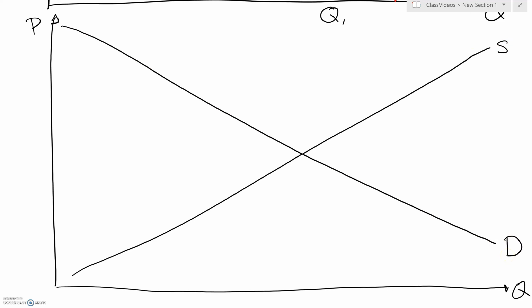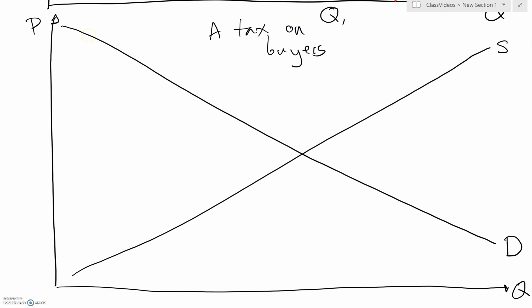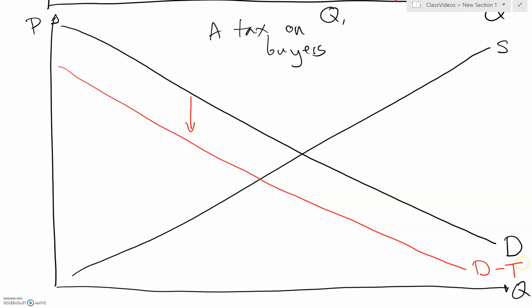And we're going to impose a tax on buyers. This means that the demand curve, in terms of marginal value, is going to shift down by the value of the tax. So we can think about this as D minus the value of the tax.